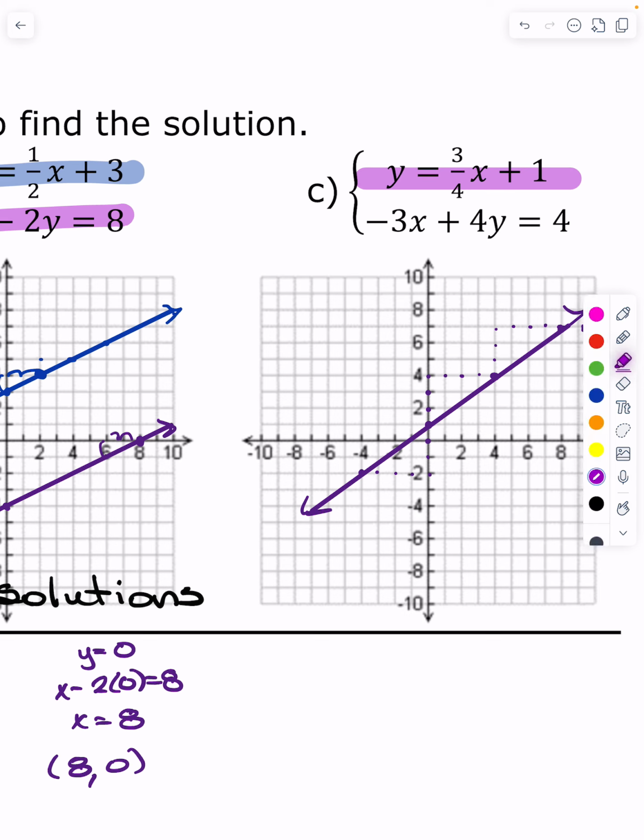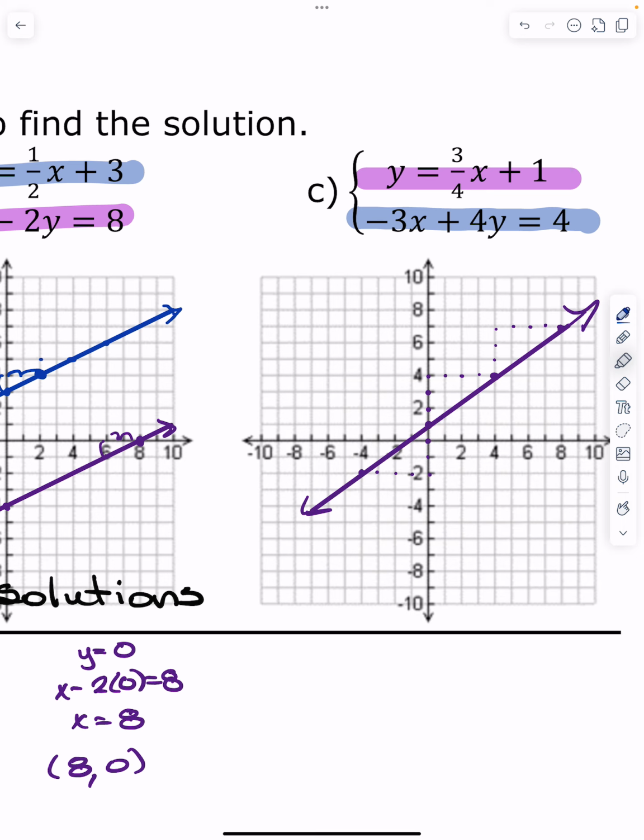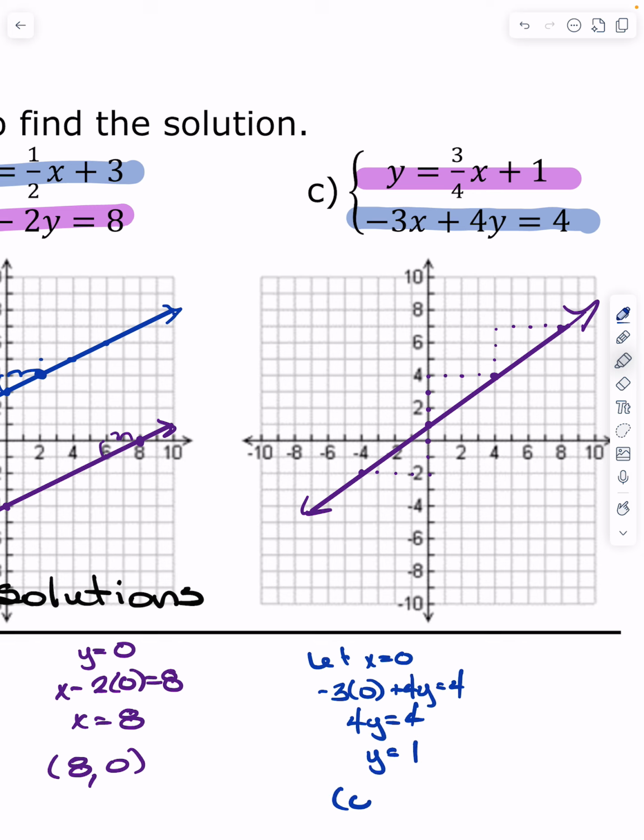When I go to graph our other line, negative 3x plus 4y equals 4, intercepts are not going to be as nice this time, but I can try. I'll let x equal 0. Negative 3 times 0 plus 4y equals 4. When x is 0, y is 1.